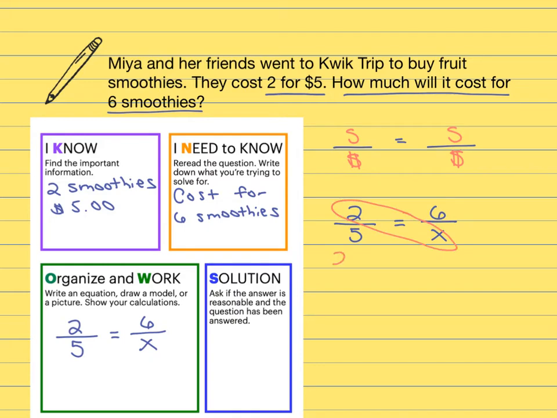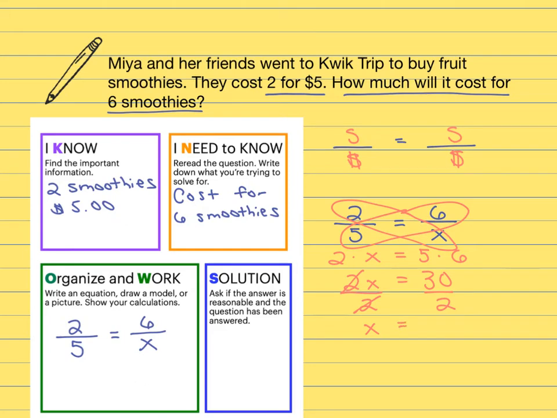We begin by multiplying 2 times x, and then we multiply 5 times 6. 2 times x we can simplify and write 2x equals 5 times 6 is 30. Our last step is to divide by 2 and divide by 2. 2 divided by 2 equals 1x.